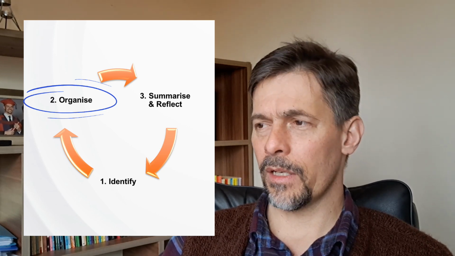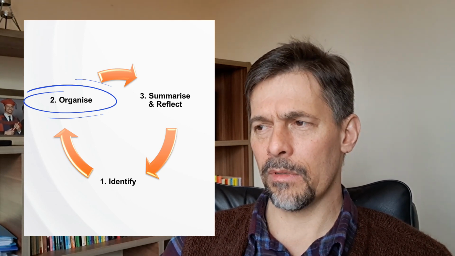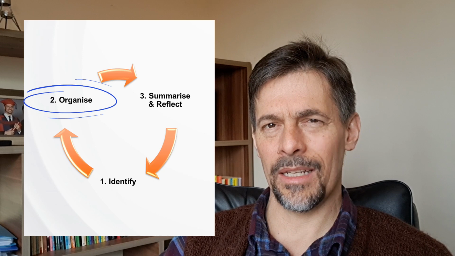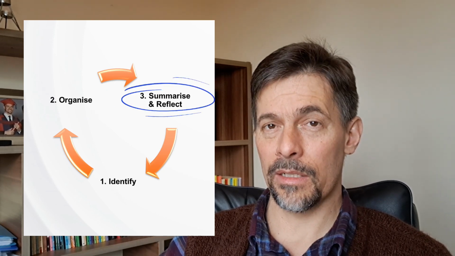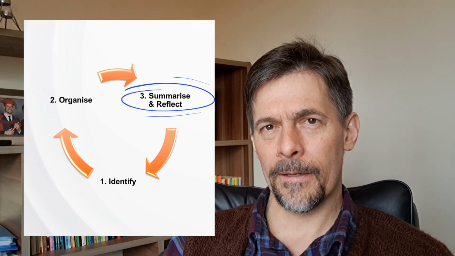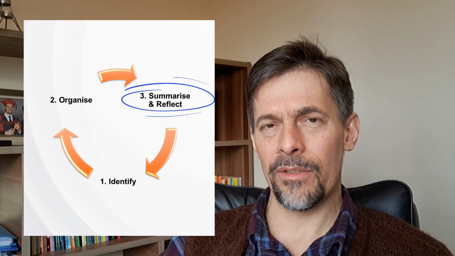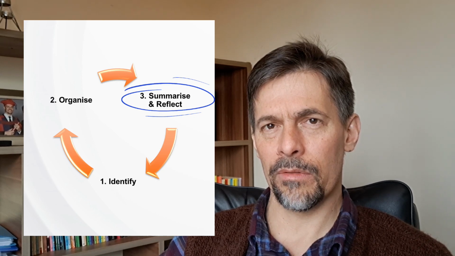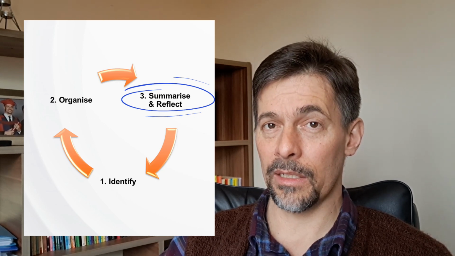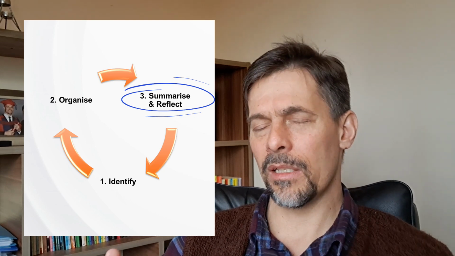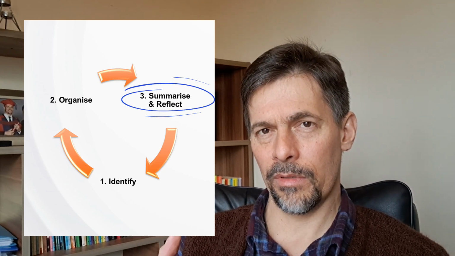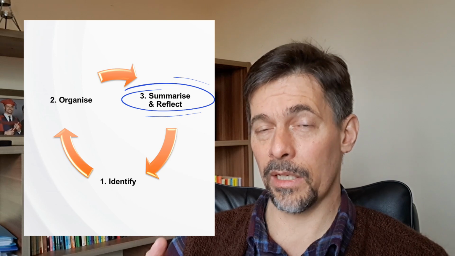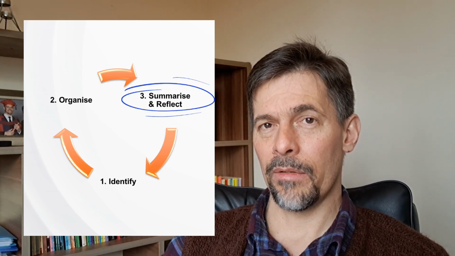And then the third phase of dealing with literature is to really internalize or engage. And for that, you need to actually engage in what we could call generative writing. Now, that basically means that you need to summarize your papers and you need to reflect on them.